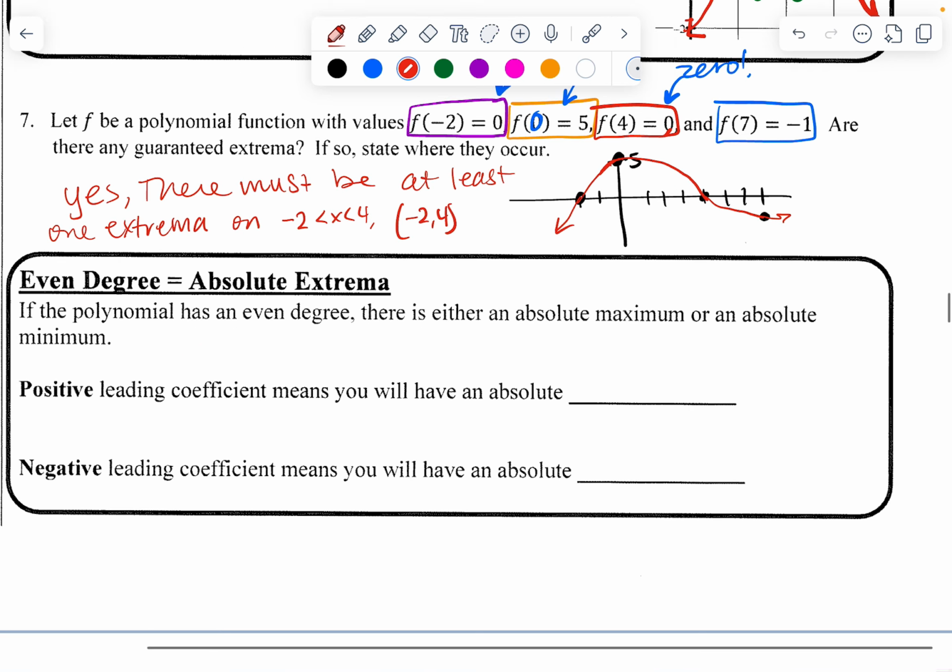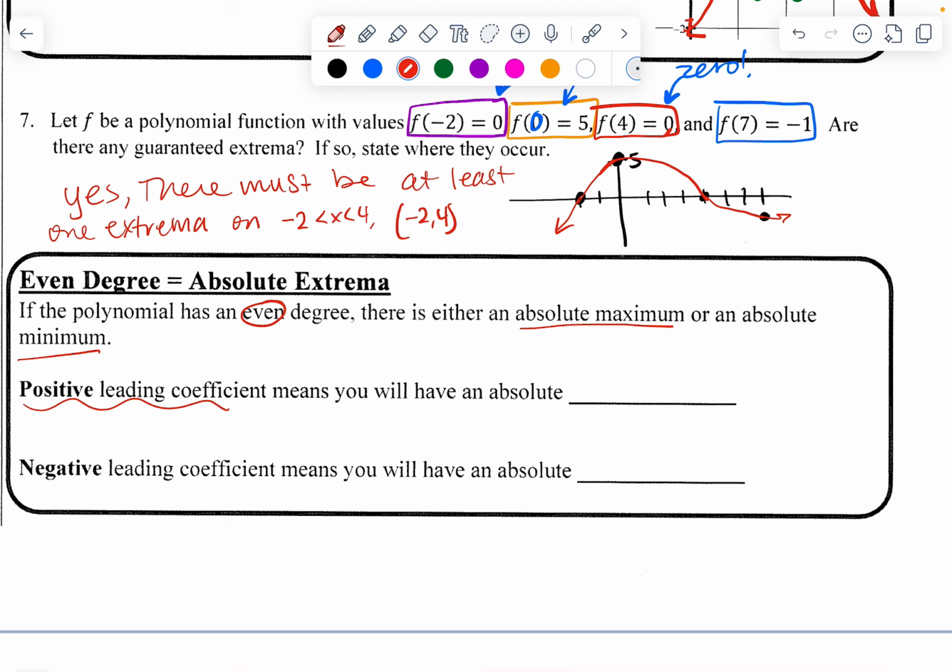All right, let's talk about even degrees. If the polynomial has an even degree, even numbers are like 2, 4, 6, 8, and so on, there is either an absolute maximum or an absolute minimum, okay? If it's a positive leading coefficient, meaning positive 6 in front as a coefficient, you'll have an absolute minimum. This is because if it's positive and even, it will look something like this, right?